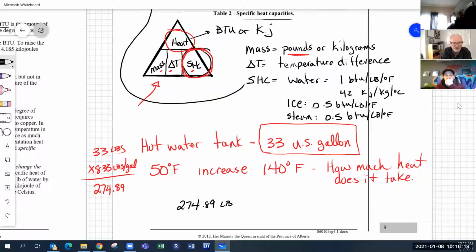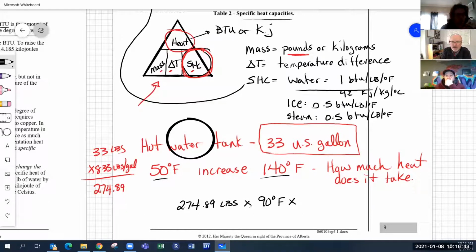So now I take my mass, 274.89 pounds, and I'm going to multiply it by my delta T. My delta T in here is from 50 to 140, so my delta T is 90 degrees Fahrenheit. And then I'm going to multiply that by the specific heat capacity of this substance. This is water. Water has a specific heat capacity of 1 BTU per pound per degree Fahrenheit.